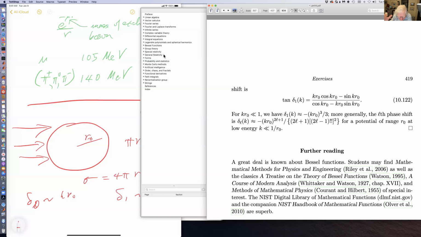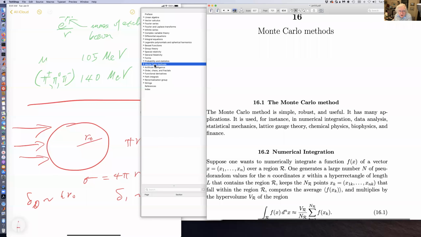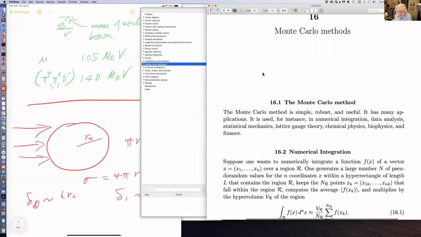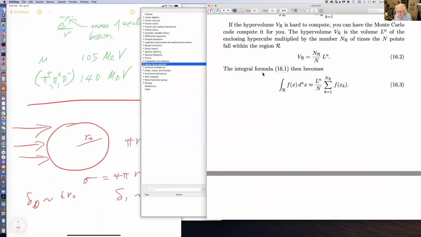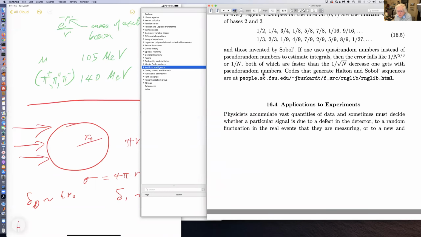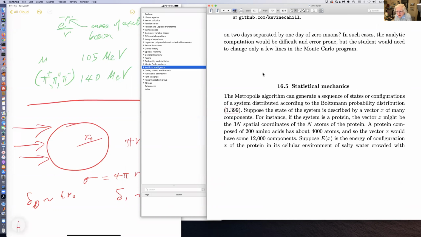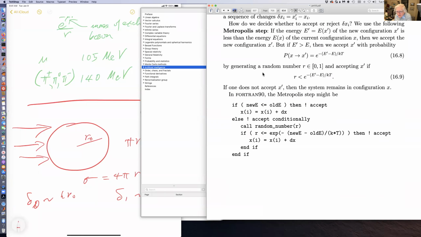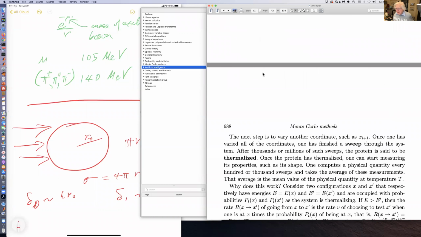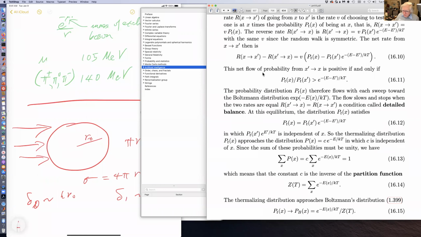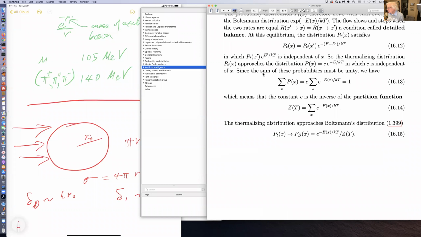Then, in a sense, you understand general relativity. On the other hand, Monte Carlo methods are of real use, and I can certainly go through this chapter.